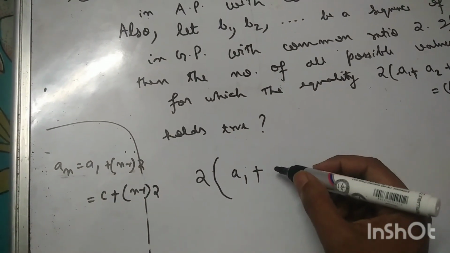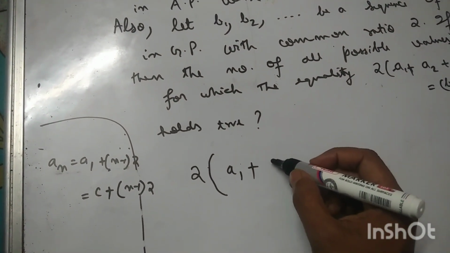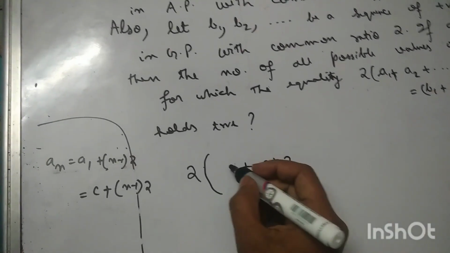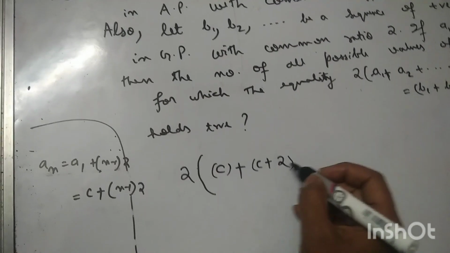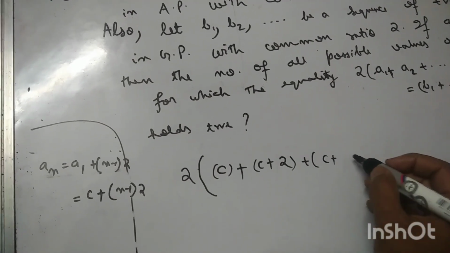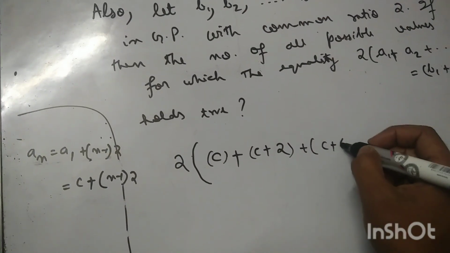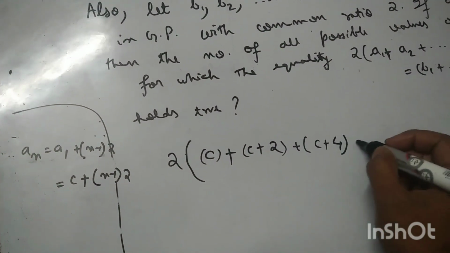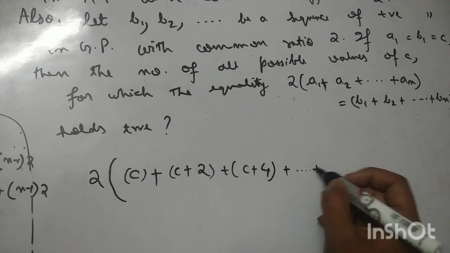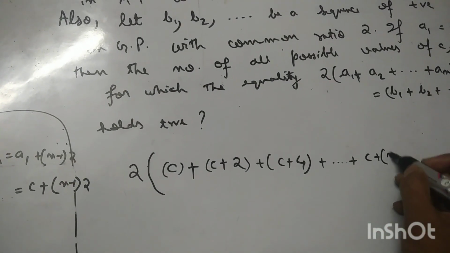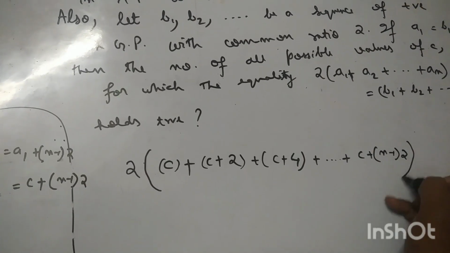So if we put 2, we get C plus 2, right? And A1 is simply C, so we get like this, C plus, if we put 3, we get 4, okay, plus dot dot dot up to C plus n minus 1 into 2.